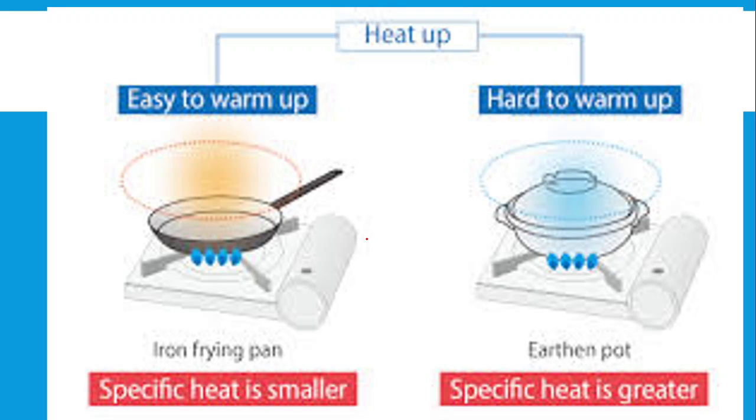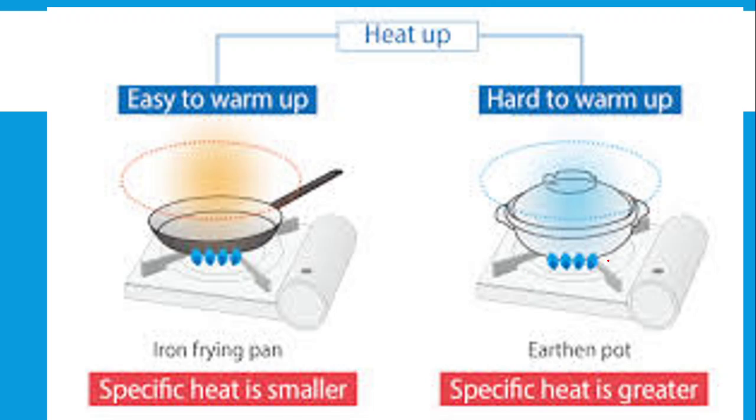This is the same diagram. It shows how this specific heat capacity concept is applied in different applications in our daily life. That's the reason why we have these Teflon-lined or plastic frying pans, or these iron frying pans, and then these earth pots over here, because there are different reasons for them.